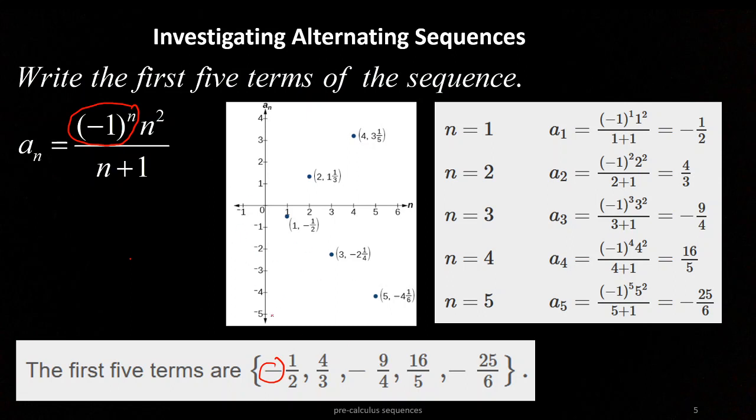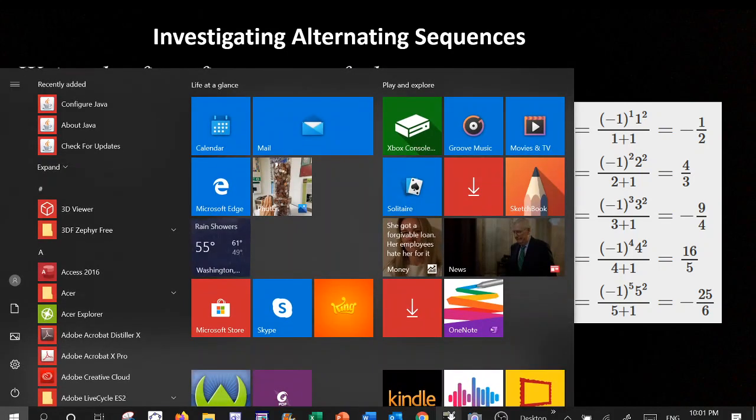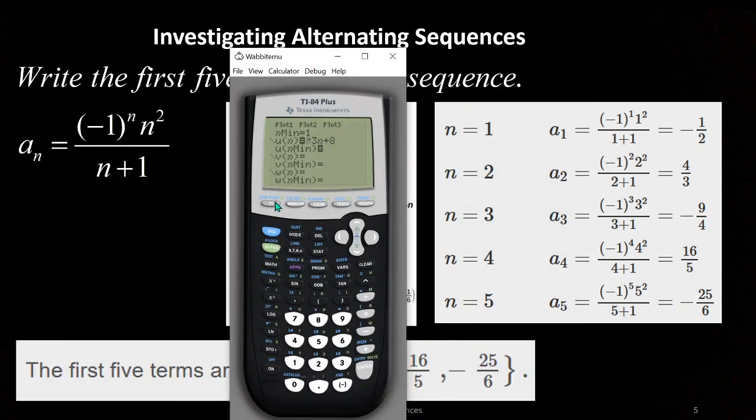So we want to do it by hand right here. If you want to do it with the calculator, you have to put this formula, and you have to make sure you put the numerator by itself in parentheses.